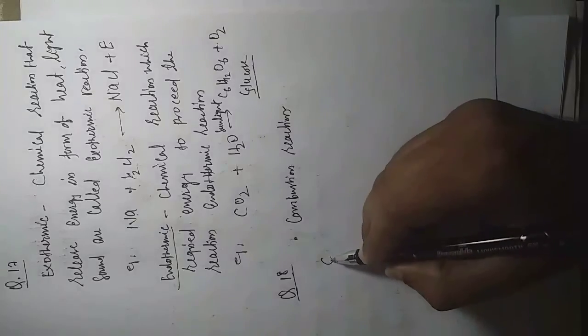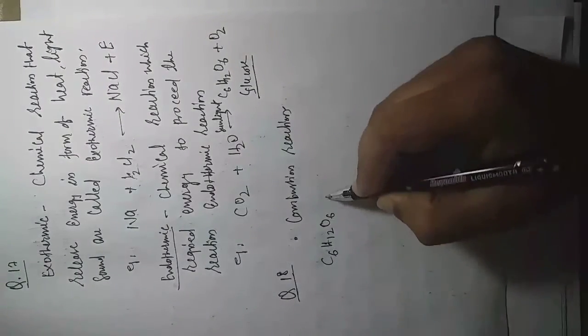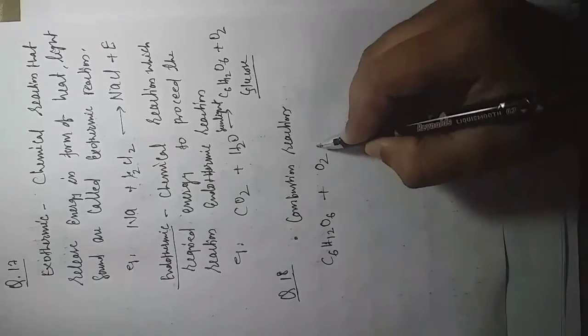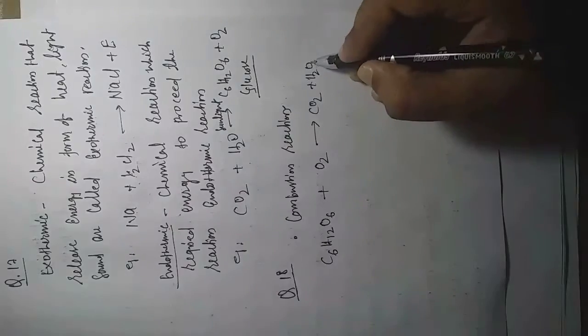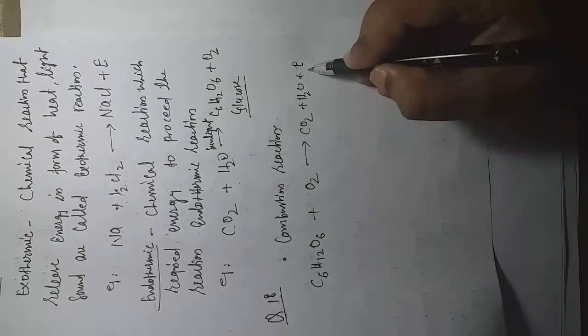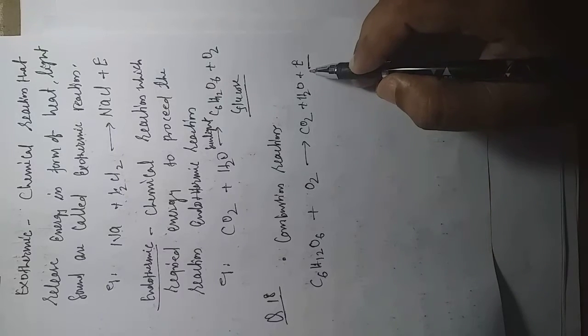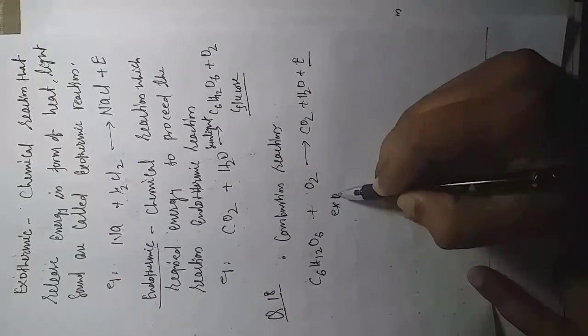This glucose, C6H12O6, combines with oxygen and provides carbon dioxide, water and an amount of energy, right? This amount of energy is why we say this is an exothermic reaction. So you can write this is an exothermic reaction.